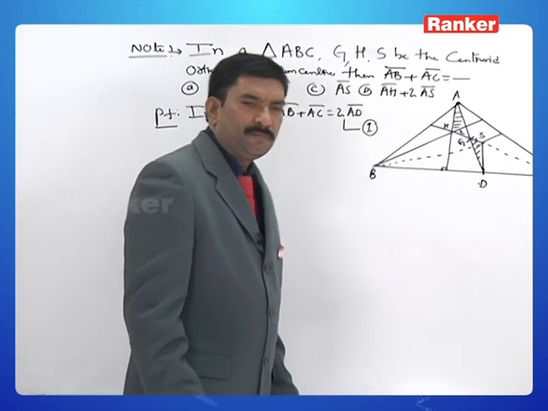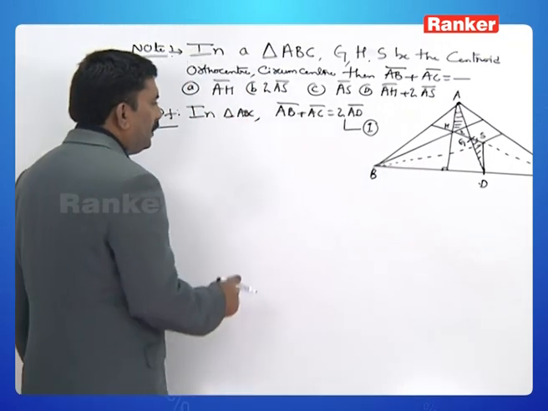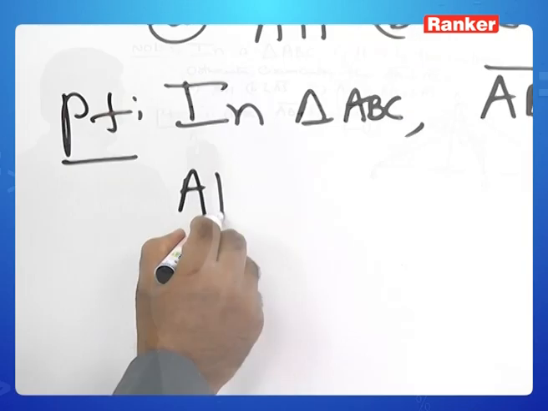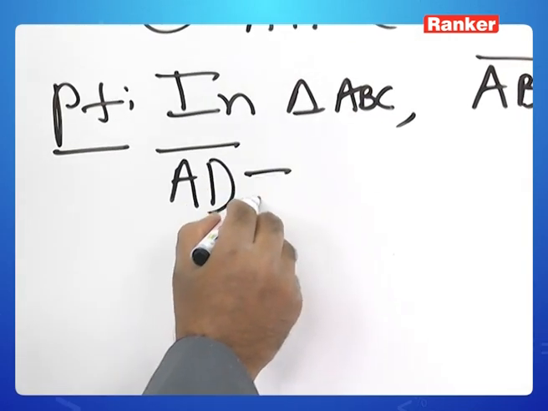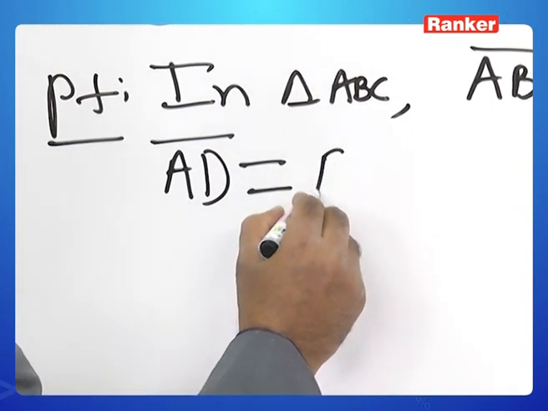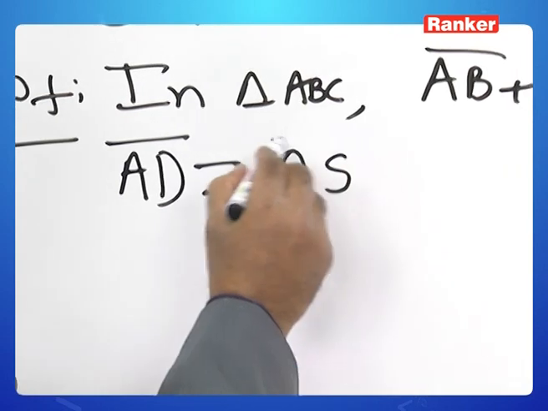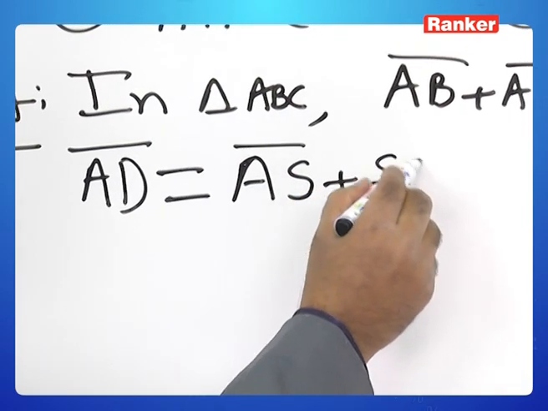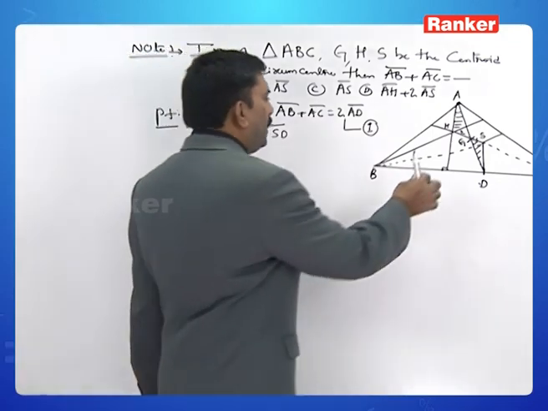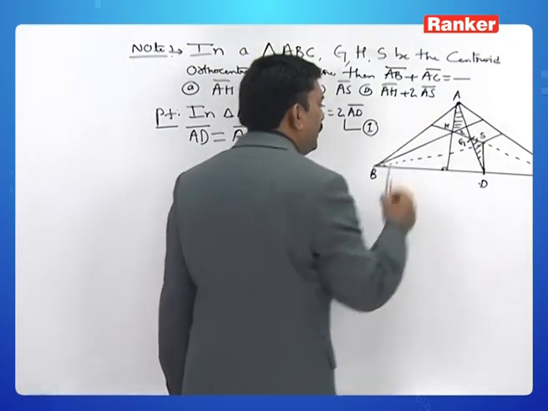Meanwhile, I can also write AD bar by vector addition as AS bar plus SD bar.